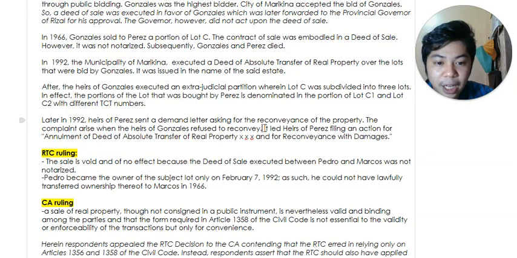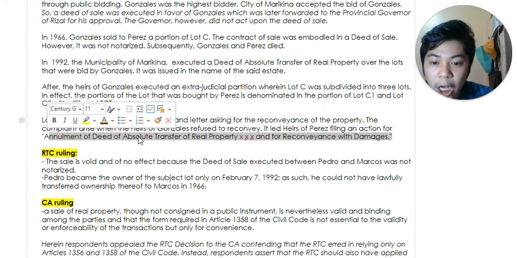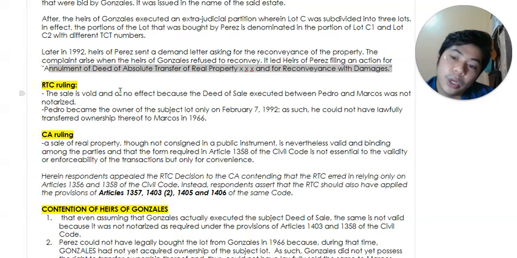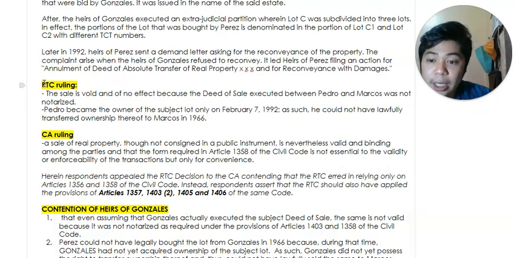In this case, the heirs of Perez filed an action for annulment of the deed of absolute transfer of real property and for reconveyance with damages. So they need to annul the transfer of the real property from Gonzalez to Perez, and transfer it back to Perez with damages. Okay, so the next would be the RTC ruling.